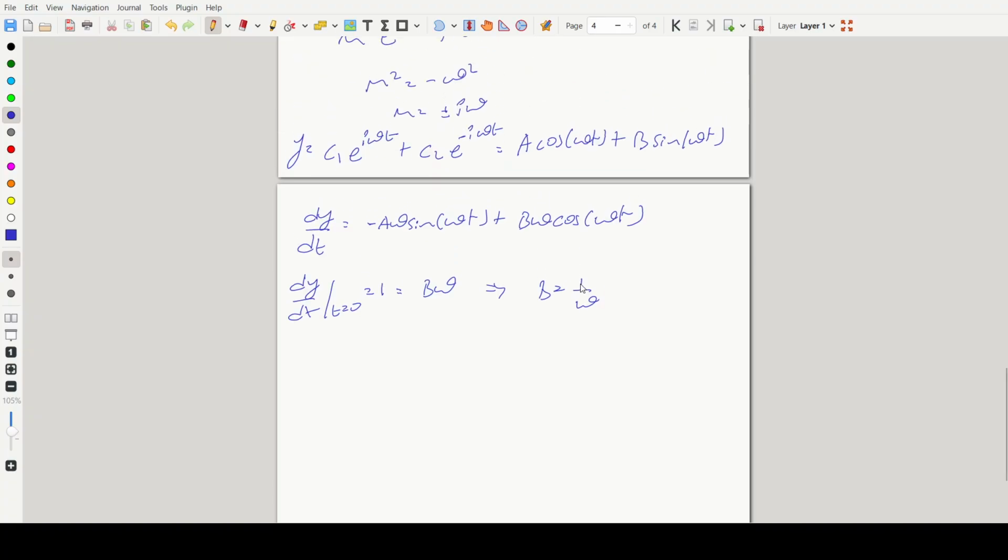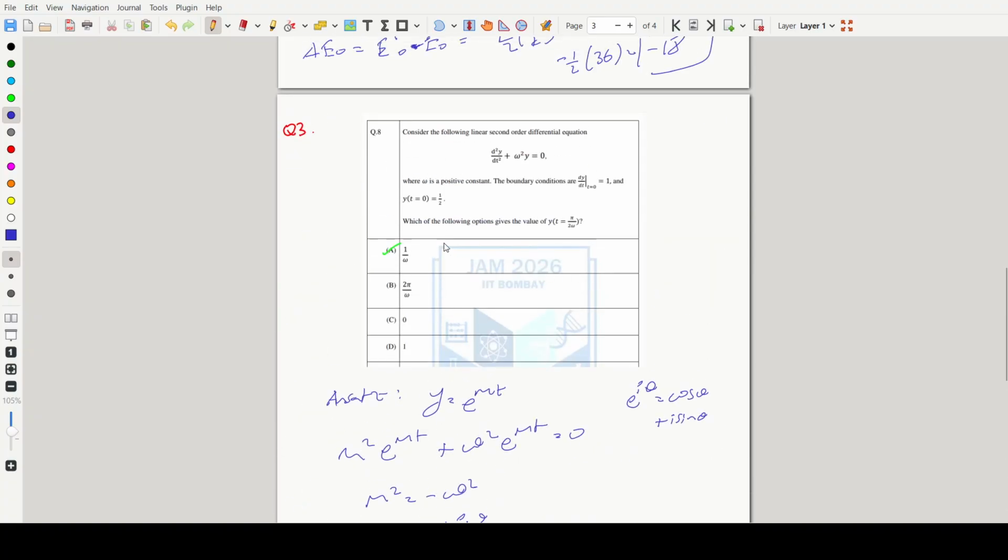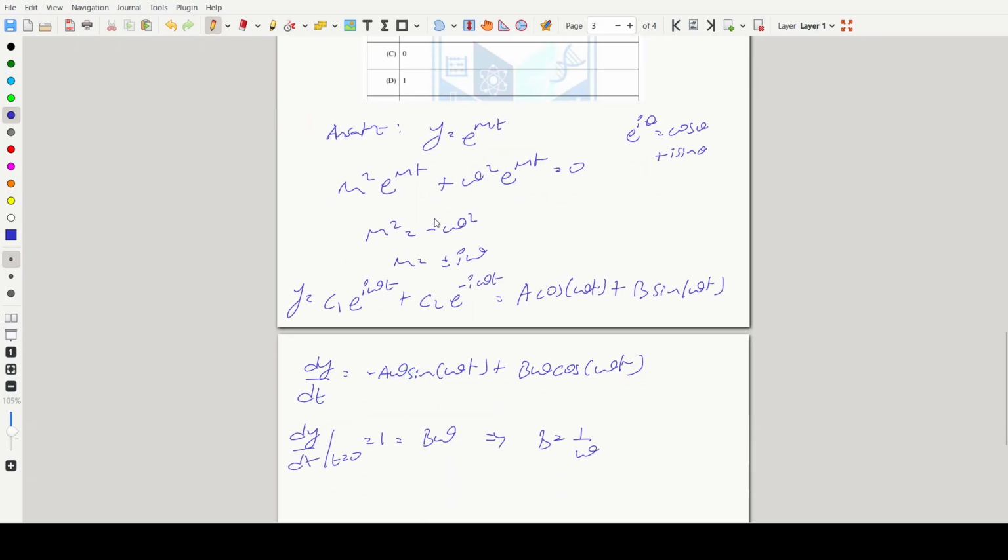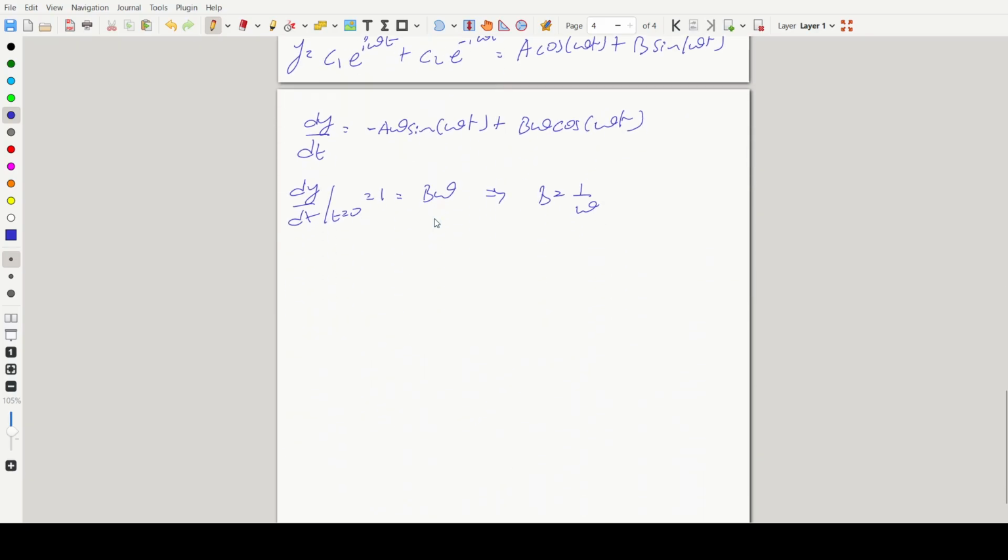And in order to determine a, I will have to use the second boundary condition. That is y at t equals 0 is half, which implies a is half.